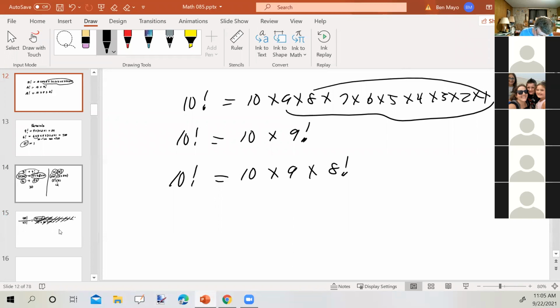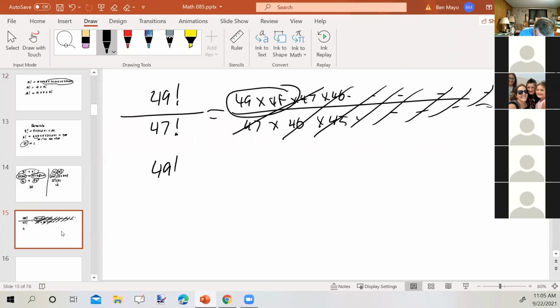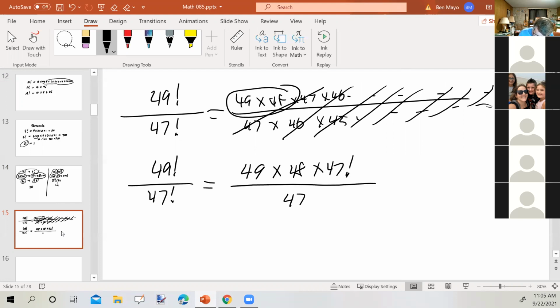Excellent. Okay, so now I could take 49 factorial over 47 factorial, and on top, write 49 times 48 times 47 factorial all over 47 factorial. So basically what I did up here, but without expanding it beyond. Okay, see how I got that? Yes. This reduces to 1 over 1.